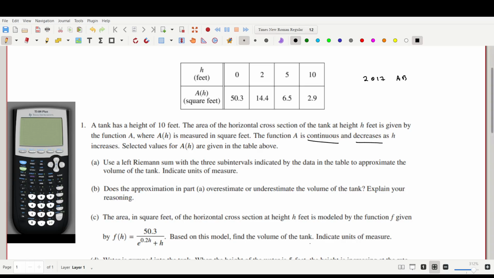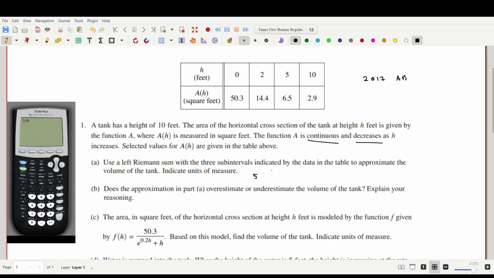All right, well, this should just be the integral of the cross-sectional area, basically. That should be the volume. I guess I should write it down here.